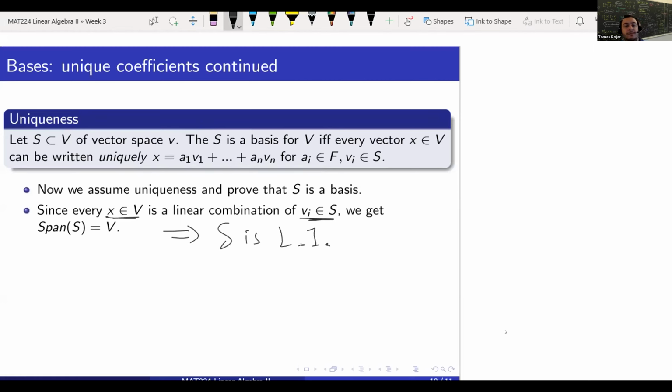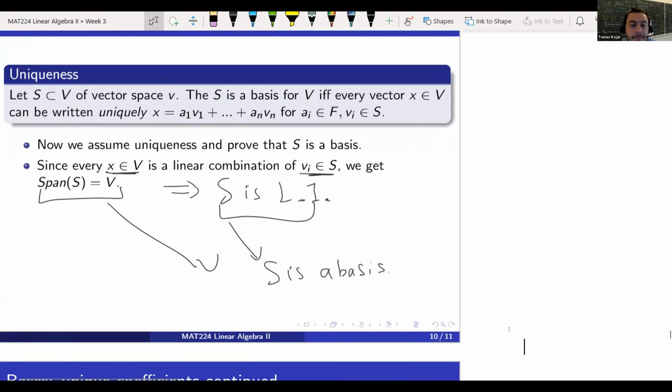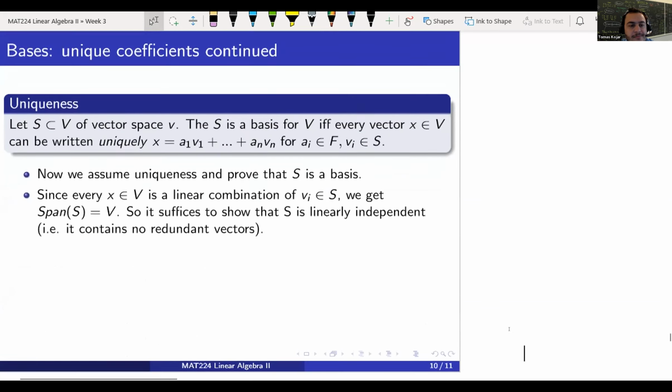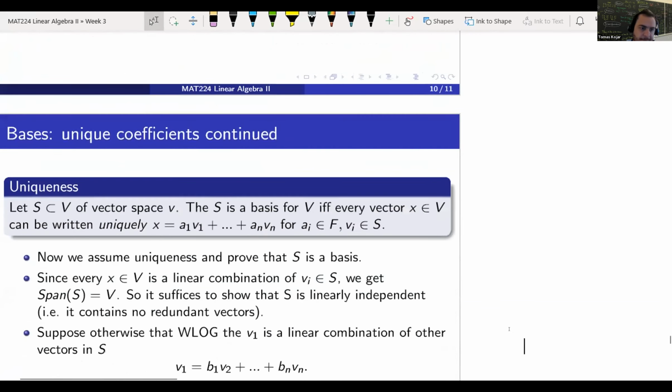This is something we need to prove, because then this plus this imply that S is a basis. That's okay, right? So yeah, it suffices to show that S is linearly independent.